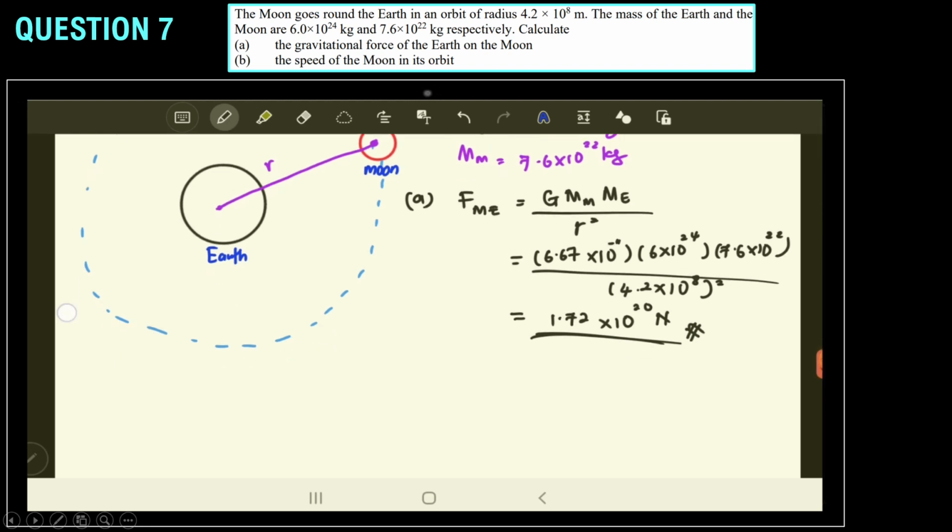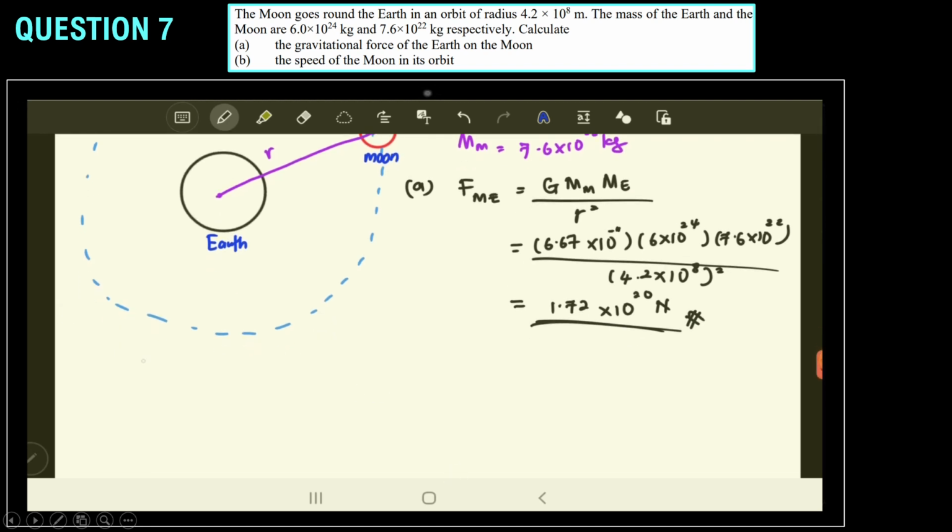And question B, I will put it here. Question B, the speed of the moon in its orbit.